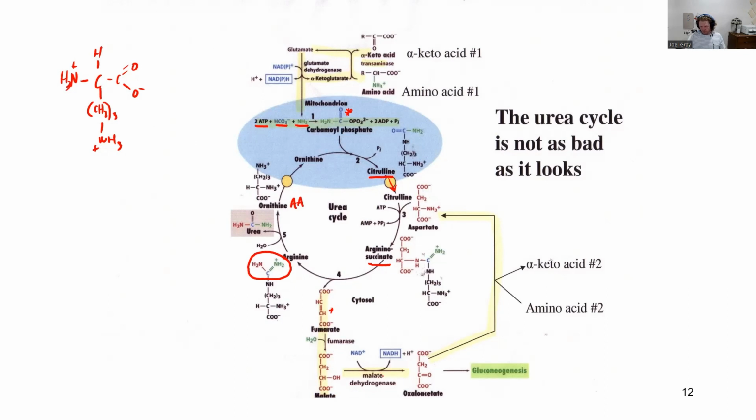Oxaloacetate can go on to be used for gluconeogenesis because oxaloacetate is a citric acid cycle intermediate. So it could find its way into the citric acid cycle. It could also find its way into a number of different pathways, especially considering the connection that we just made with our lipids and the citric acid cycle.